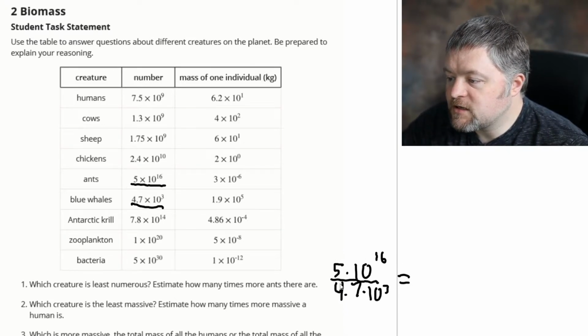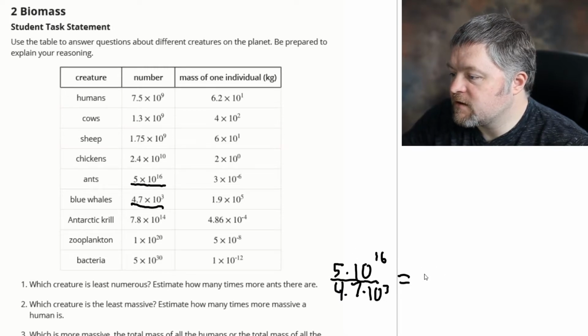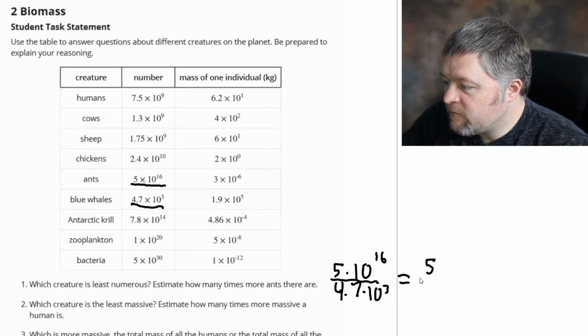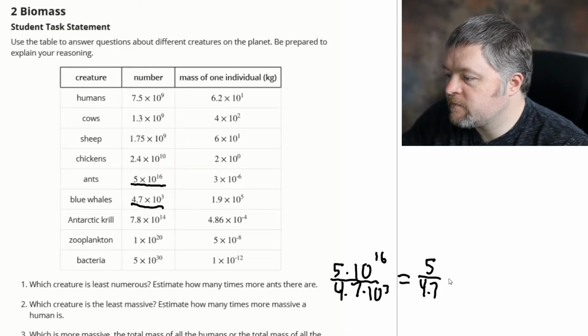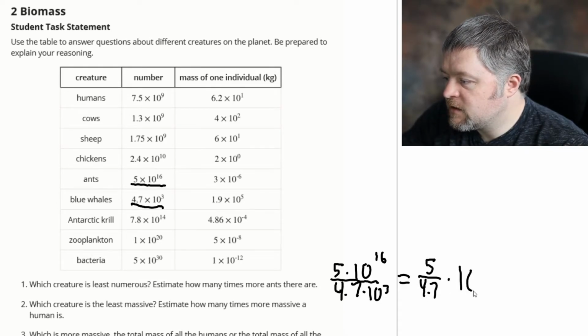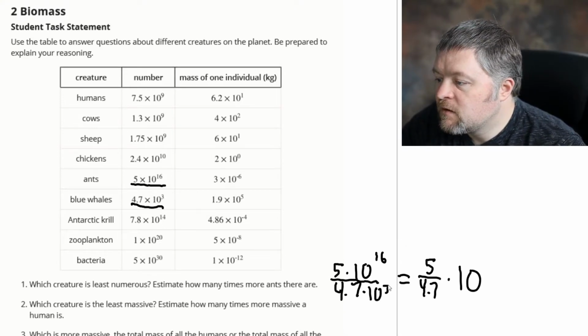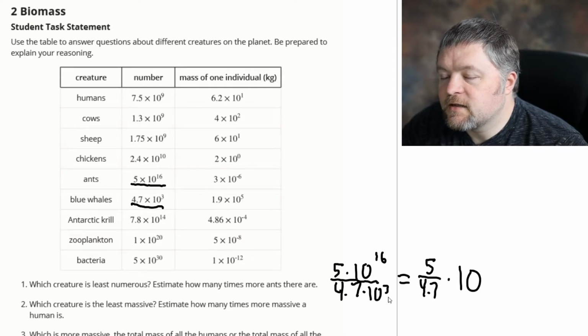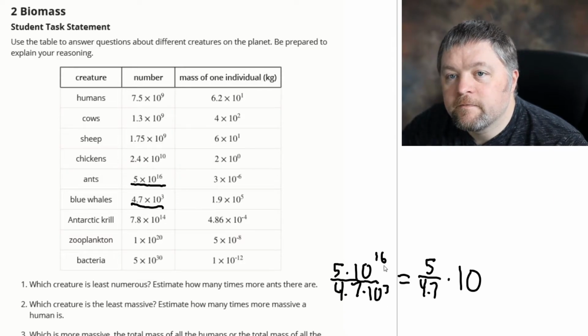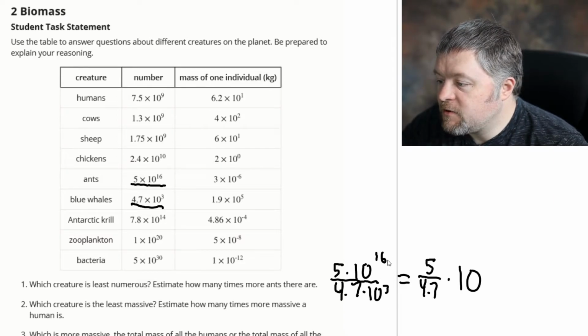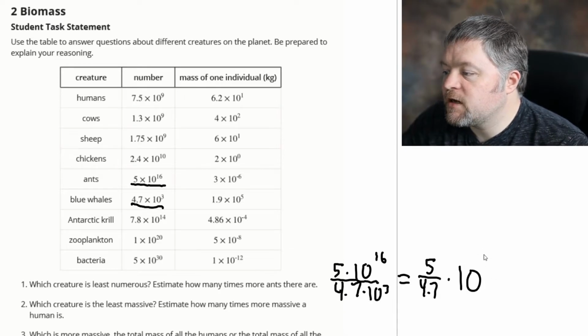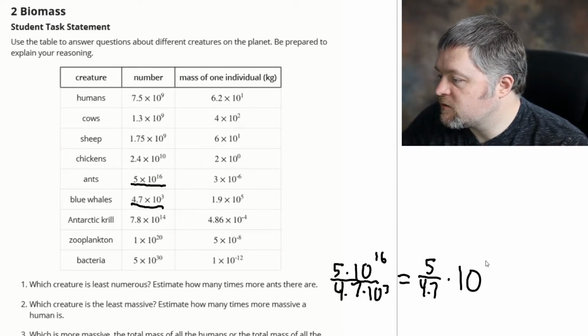Dividing this, we can start out just by dividing the numbers. 5 divided by 4.7 times 10 to the power of, when we are dividing like bases, we subtract the exponents. 16 subtract 3 is 13.